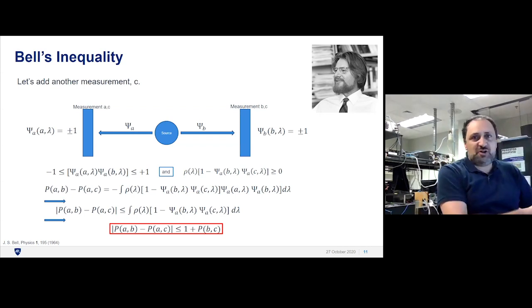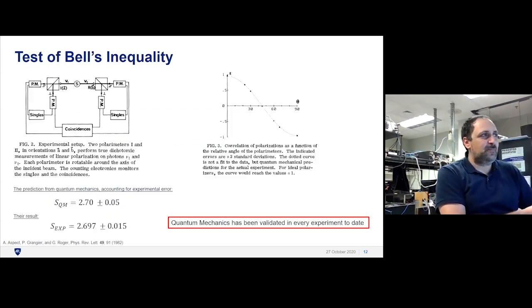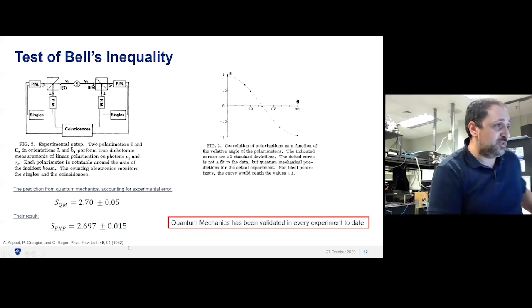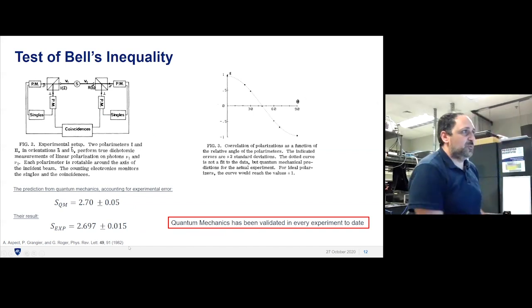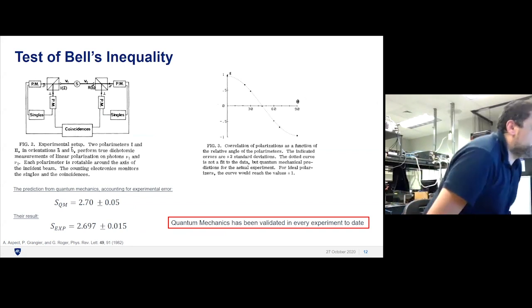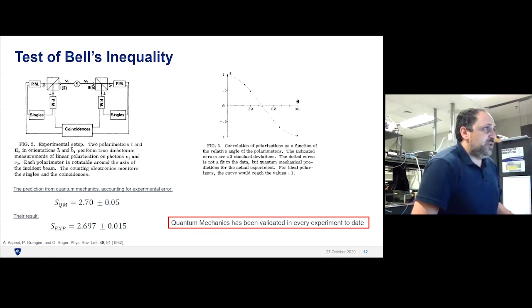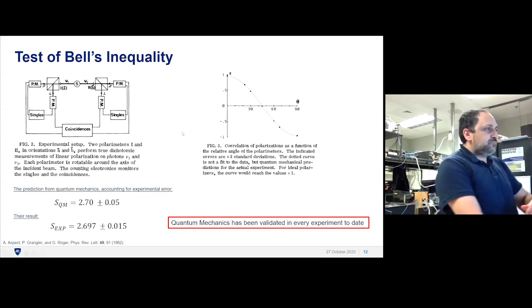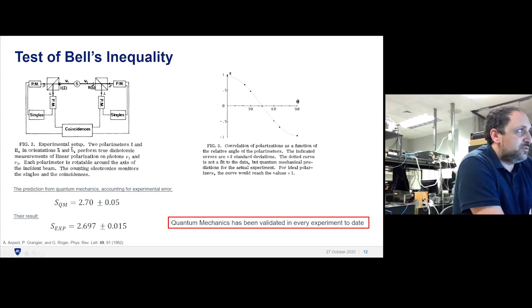And right from the start, people tried to measure this. And it wasn't until 1982, about 20 years later, that there was an actual measurement taken of it that was good. So here they use the source that I described, where the polarization of the light is correlated, or rather entangled.